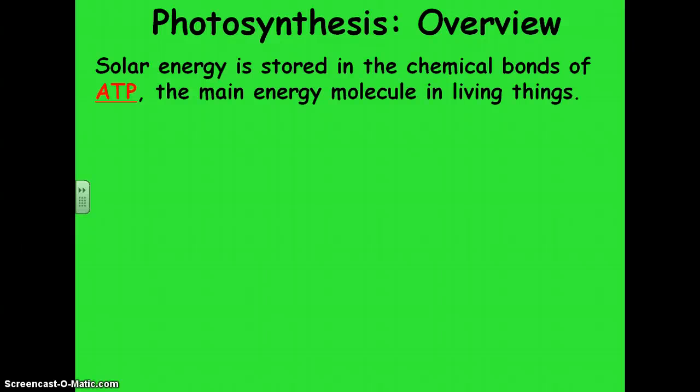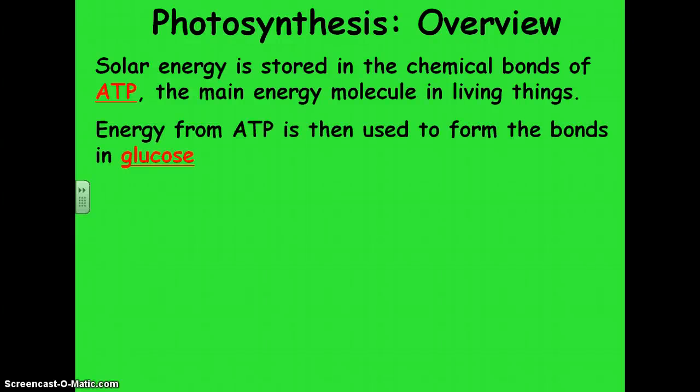Solar energy is stored in the chemical bonds of ATP, the main energy molecule of living things. So we talked about ATP being the currency for the cell. Solar energy comes in, it produces a little bit of ATP, then ATP goes on to make glucose, and that glucose is then the energy holder or transfer.